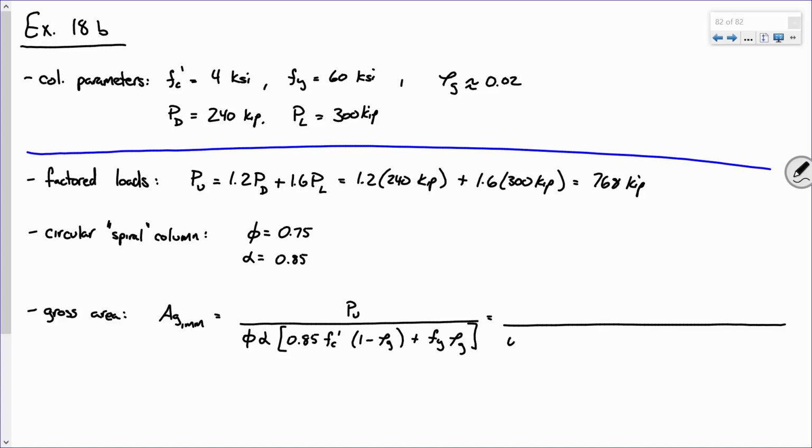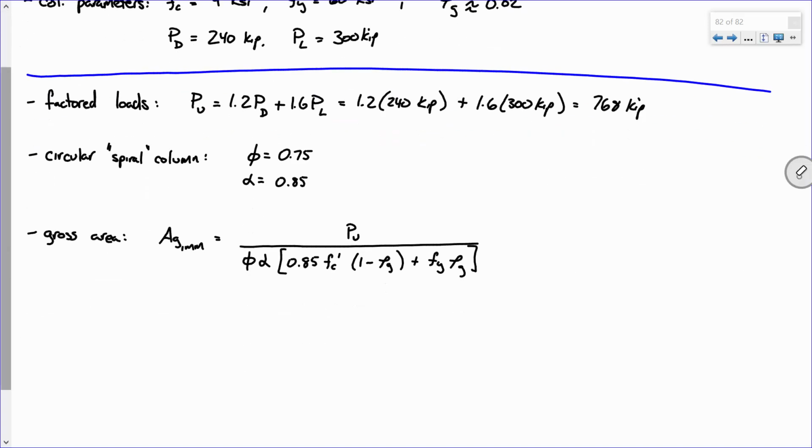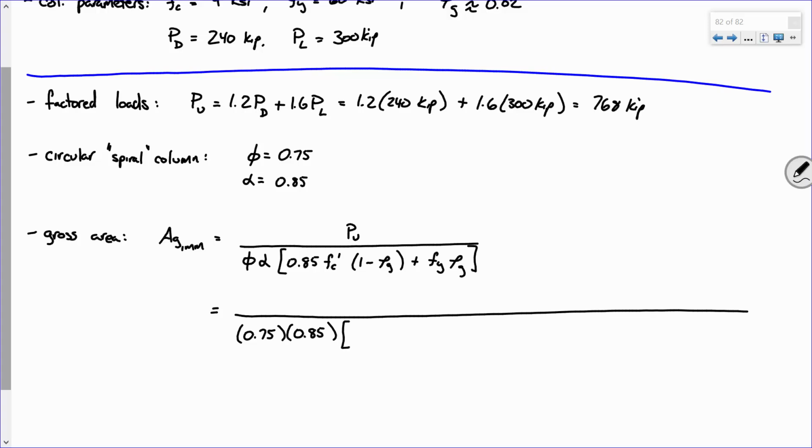So 0.75, 0.85. Actually, I'm not going to be able to fit this. 0.75, 0.85, 0.85, 4 ksi, and then 1 minus 0.02.